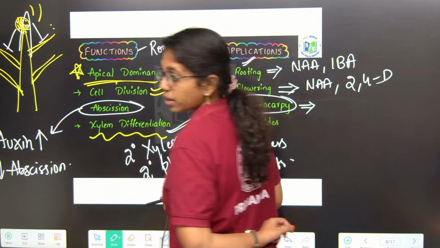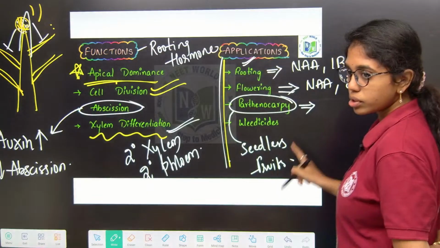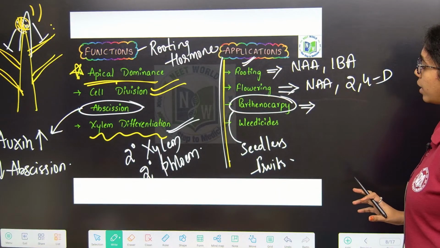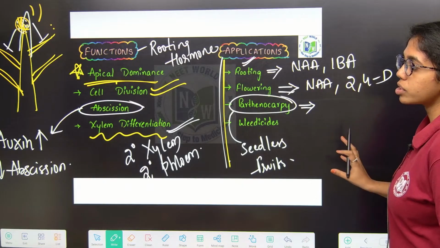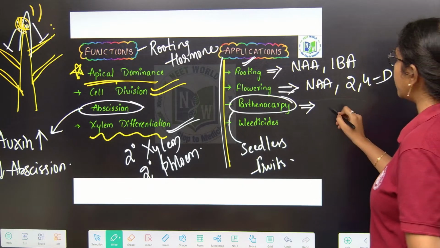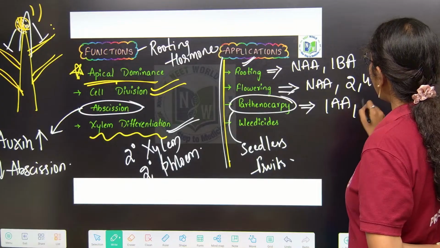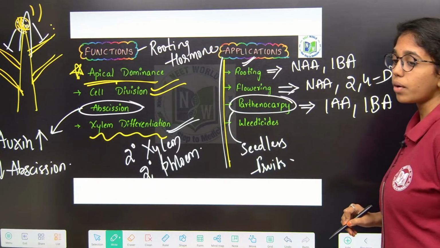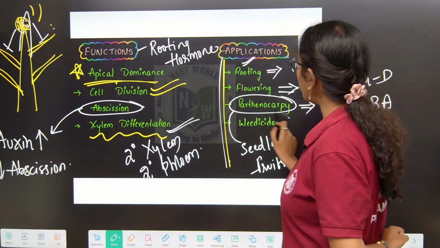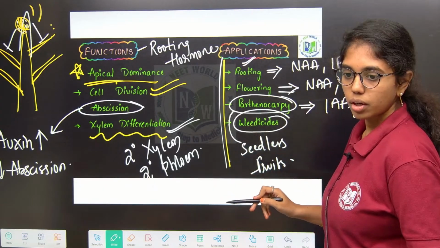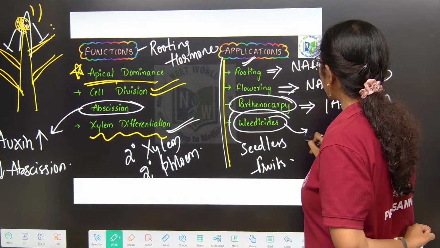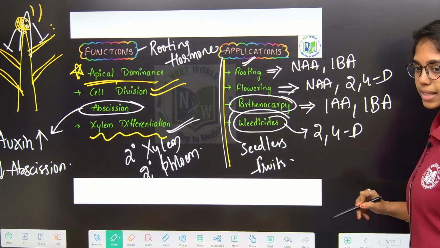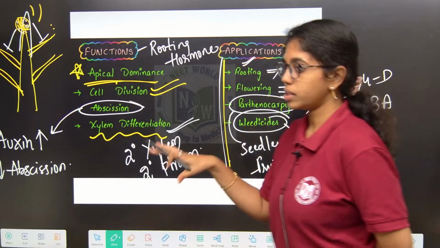Everywhere in the market we can find seedless fruits, that is because of applications of PGRs only, plant growth regulators. And what type of auxins do we use for parthenocarpy here? Indole acetic acid and indole butyric acid. Auxins also promote weed free lawns, by spraying 2,4-D, that is 2,4-dichlorophenoxyacetic acid, in monocotyledonous plants.